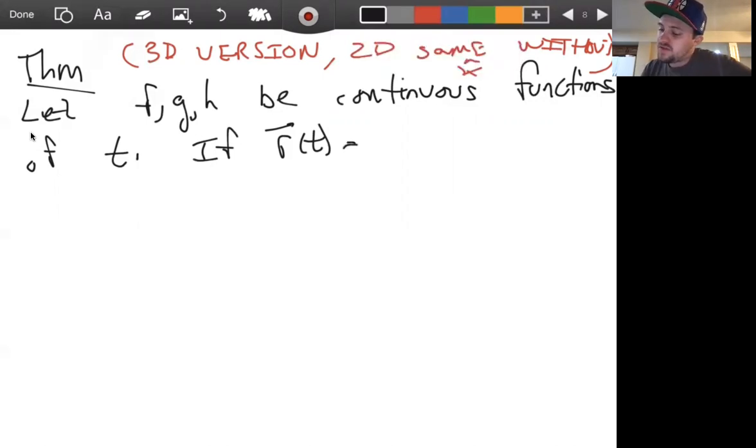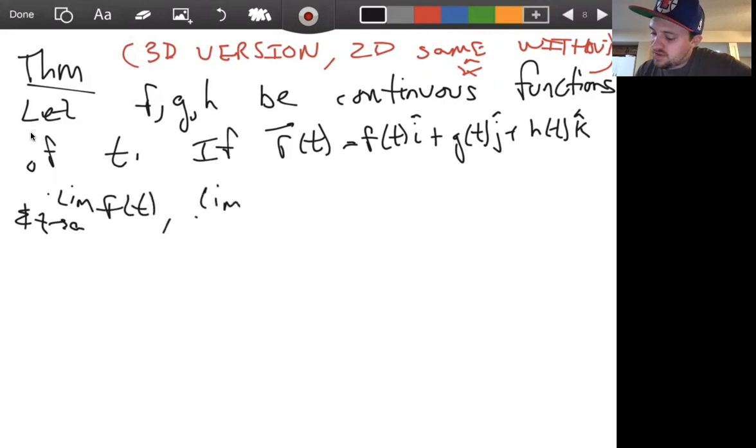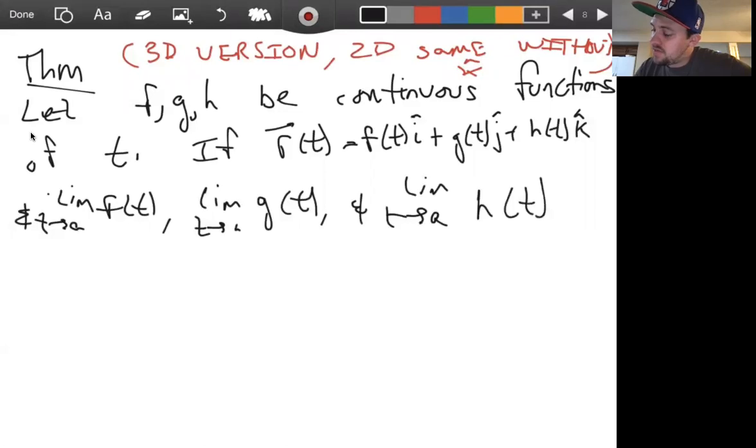Okay, so if r of t is the vector valued function f of t i hat plus g of t j hat plus h of t k hat, and their limits exist, so the limit as t approaches a of f of t, the limit as t approaches a of g of t, and the limit as t approaches a of h of t, if they all exist, then here's the meat and potatoes of the theorem.